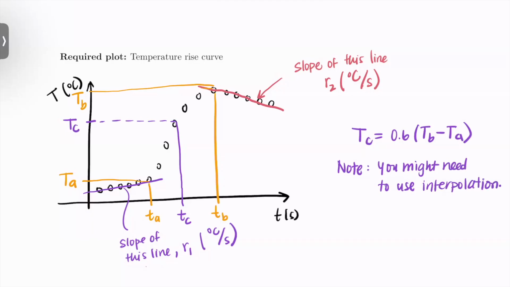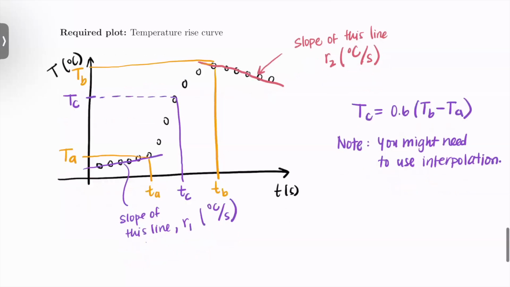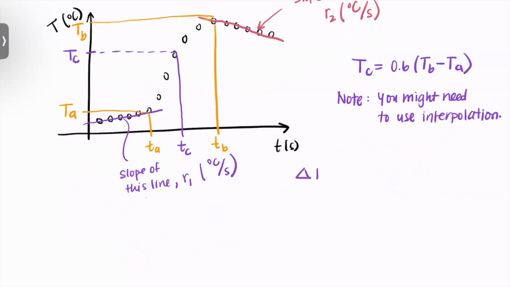That's good. Okay, so we're going to pull all of this information off of our plot, and then we're going to use the following expression to calculate delta T. We're going to use TC minus TA minus R1 times TB minus TA minus R2 times TC minus TB.